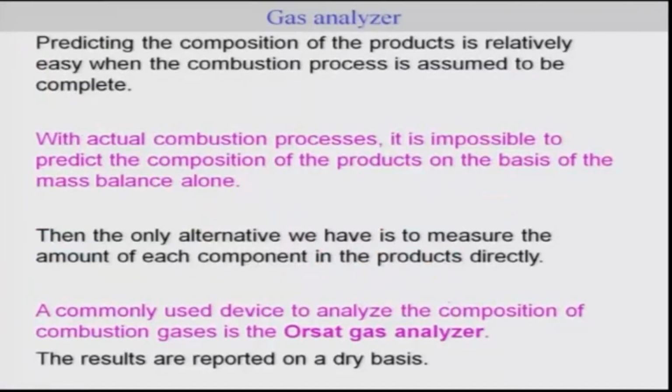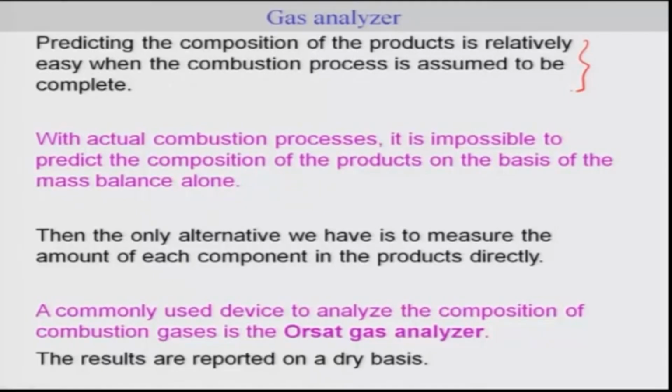Now how do you find or analyze the product of the combustion? This is important in order to see whether combustion is complete, and thus this is a critical part of the combustion reaction: to analyze the gases which are formed in the product. Predicting the composition of the gas product is relatively easy when the combustion process is assumed to be complete.